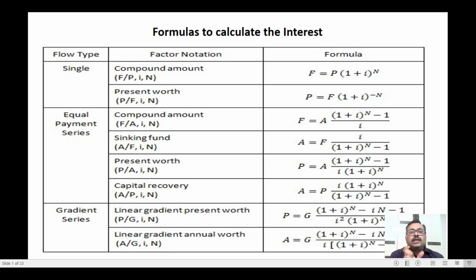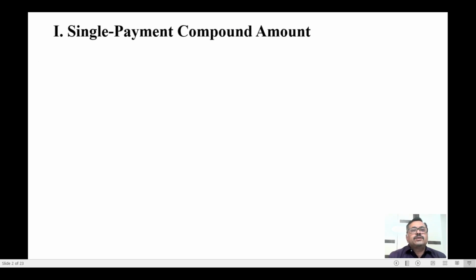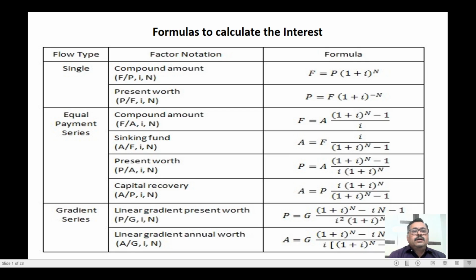From that we have to calculate the future amount. So here we are calculating F/A, I, N. The formula used for that is F is equal to A into ((1 plus I) to the power of n minus 1) divided by I.